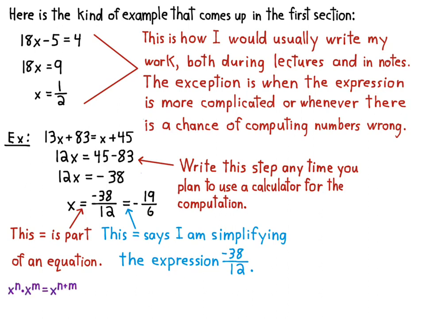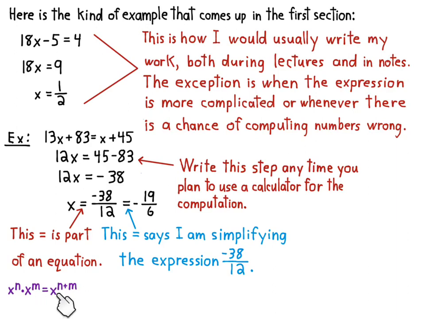And finally, this one that we had on a previous page, this is one of our rules of powers that we have to know. X to the n times x to the m equals x to the n plus m. This is true for all real numbers, unless you end up getting a 0 to the 0 power somewhere, which is bad.